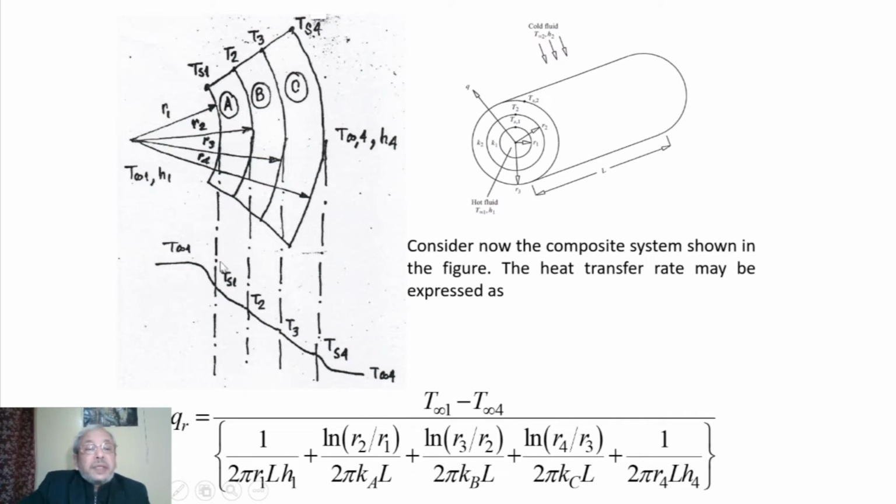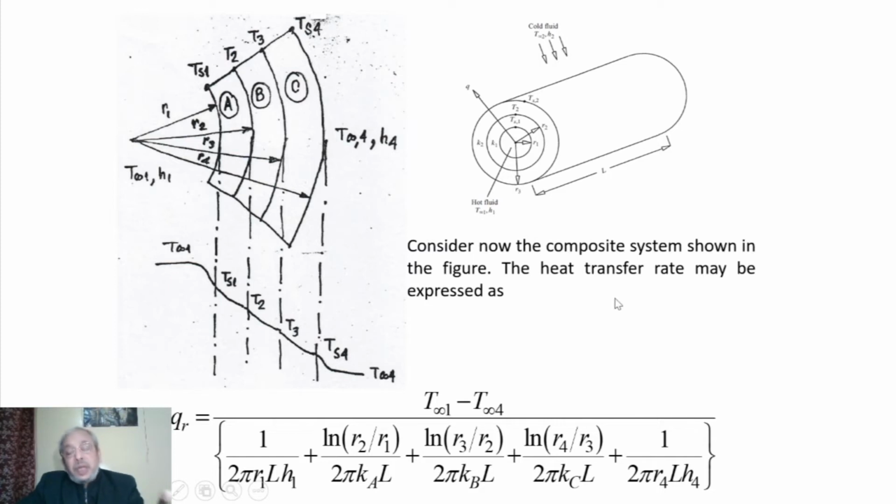You can see T infinity 1 is at a higher temperature, and from there we get a logarithmic variation within the material, which is arranged as radial shells: material A, material B, material C. And finally, the outside surface temperature is Ts4 and the ambient fluid temperature is T infinity 4.